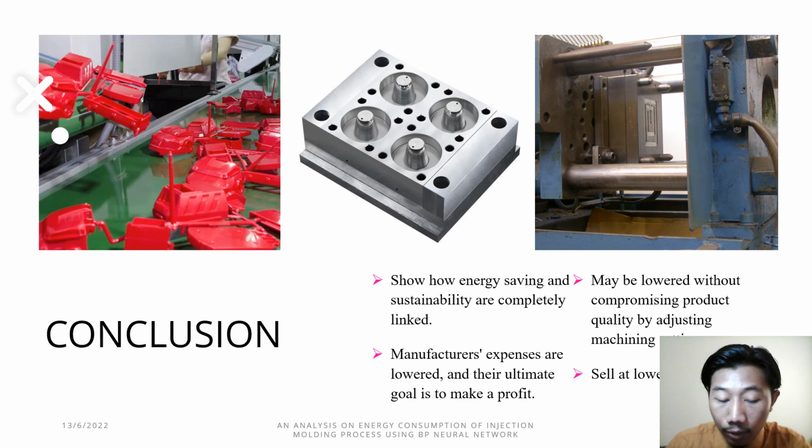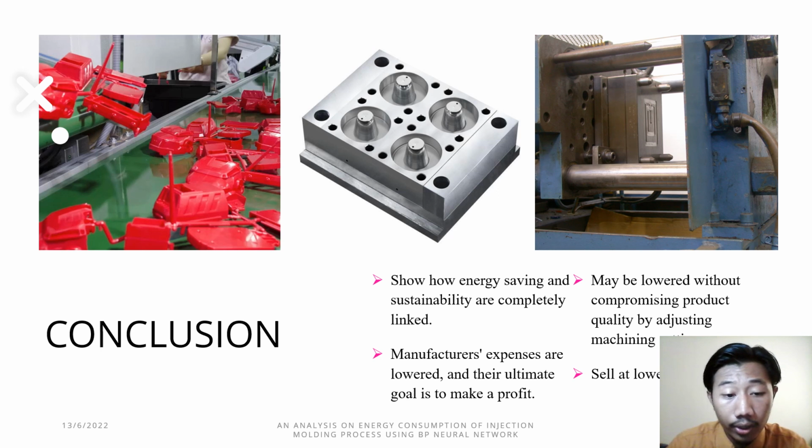So last but not least for this part, for the conclusion, I will say that as a result of lower energy use, manufacturers' expenses are low, and their ultimate goal is to make a profit. So this case study illustrates how energy consumption may be low without compromising product quality by adjusting the machine settings.